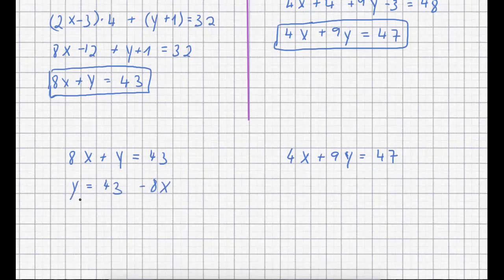And then if you take this y and you put it here, you take 4x plus 9, סוגריים, and then here you put the y that you have here, which is 43 minus 8x. And that equals 47.